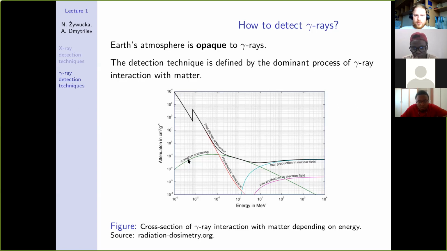So it starts to interact via Compton scattering, which is the scattering of a gamma ray on an electron. In this process, the photon transfers part of its energy to the electron. The electron gains some energy, and this is called Compton scattering.